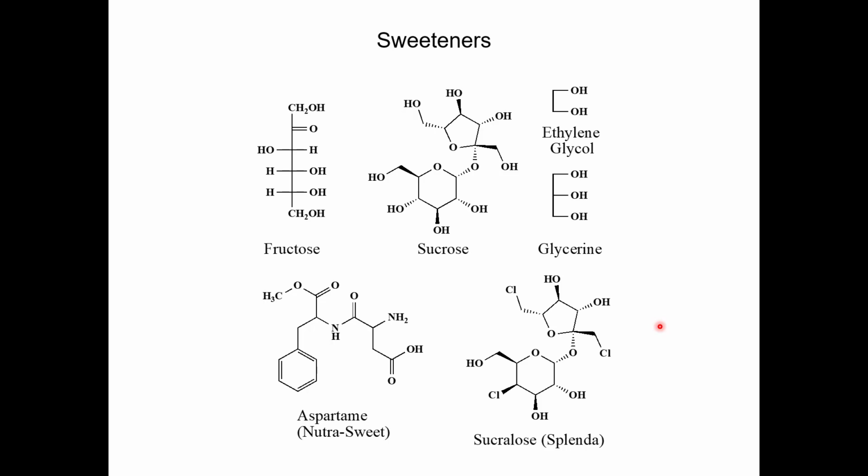So what's different between them? Of course, we had to have a Blue's Clues moment in this lecture. That's right, it's these two chlorines. Sucrose has all alcohol functional groups coming off of the carbons like that, whereas in sucralose, 2 of them are replaced by chlorines. That's how you get Splenda.